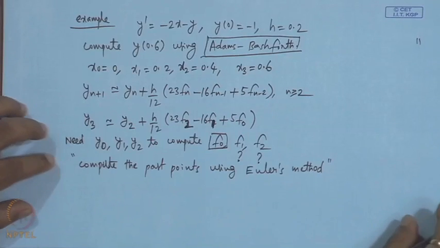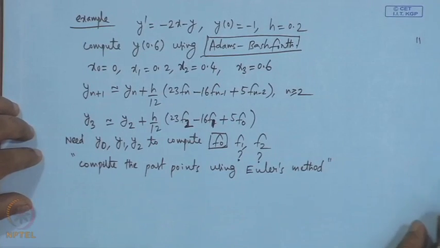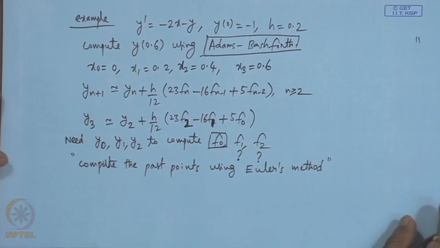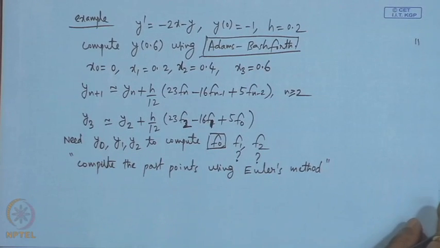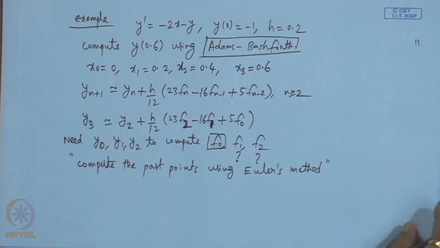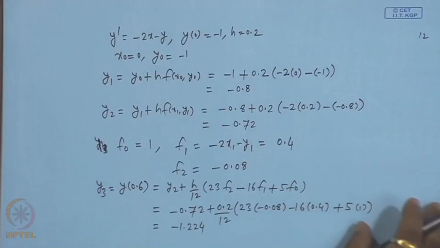In the present problem we have used Euler's method, the simple one, but if you really need better accuracy, one should use maybe a higher order Taylor series method or RK method. That will give more accurate results.